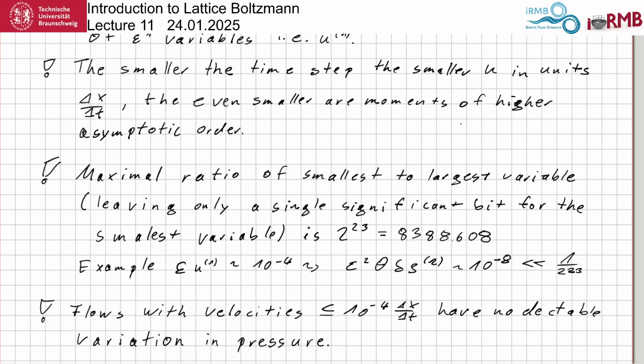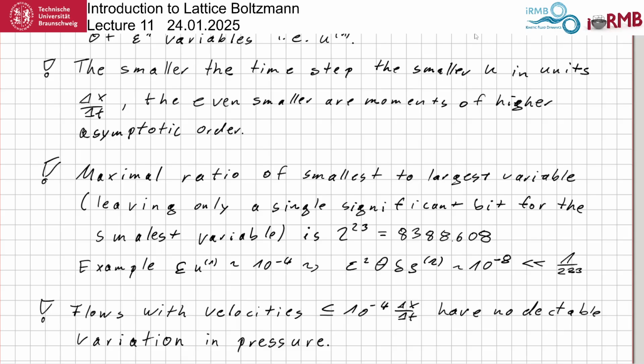And this is not a joke or something, this is something that you observe in practice. You take the theory, you write down your code without thinking about round-off errors, and then you think you should do a convergence study with your code. So in order for your convergence study to work, you do diffusive scaling, you make the time step smaller and smaller and smaller.